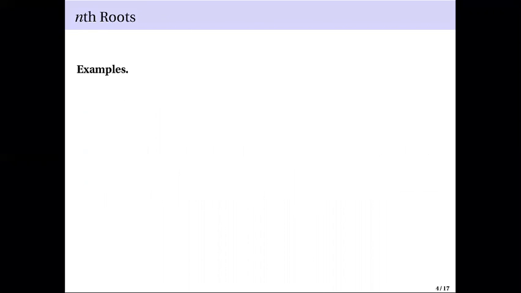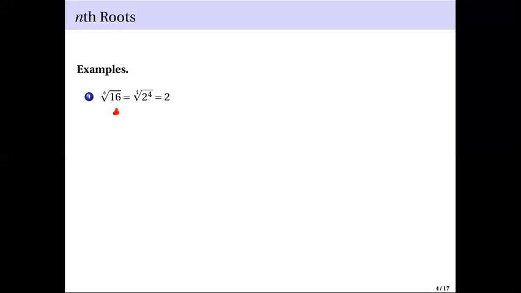Now, let us consider these examples. First, we have here fourth root of 16. The complete solution is already here, but let us work step by step.